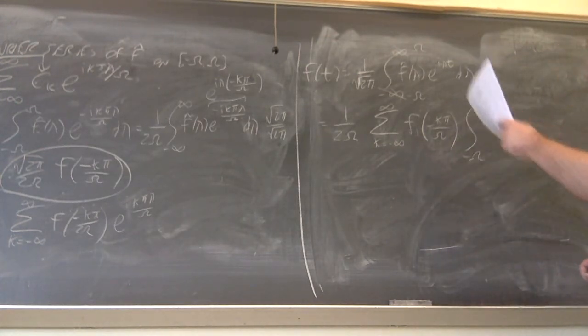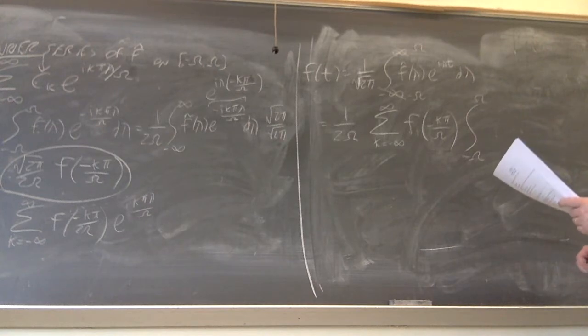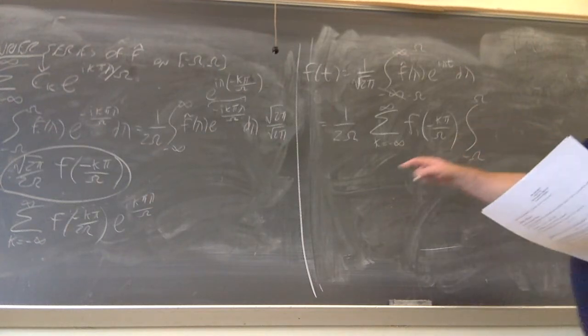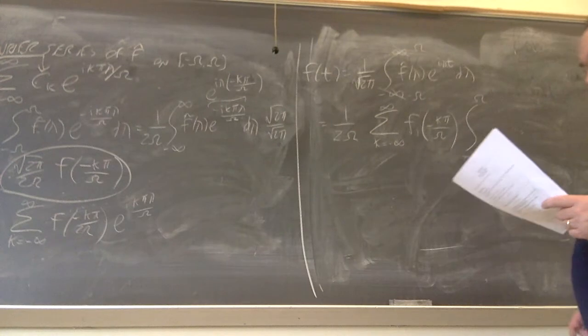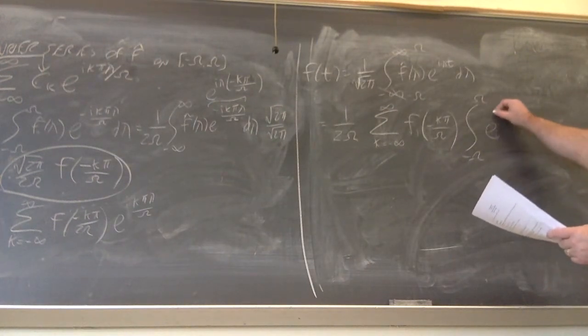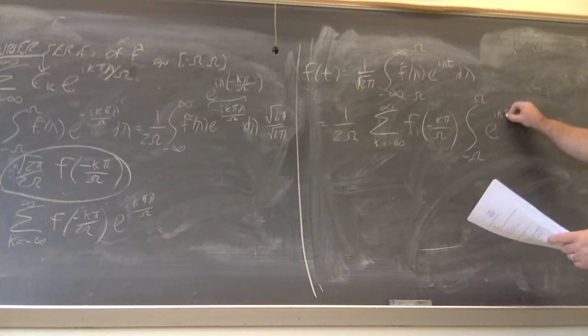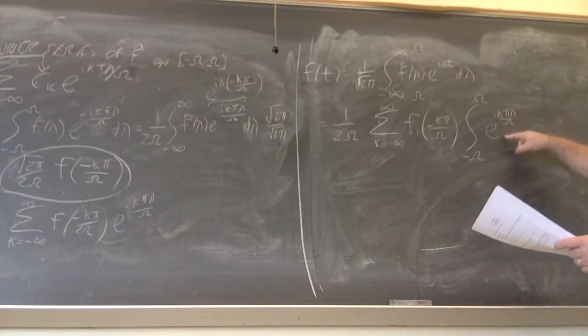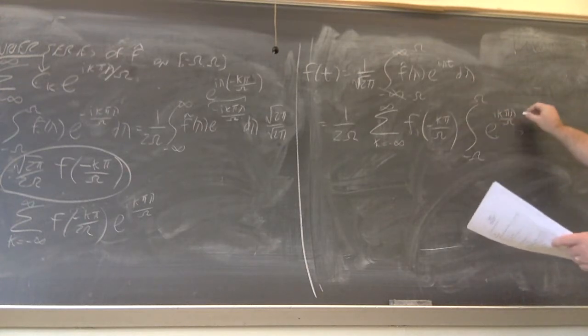And f hat of lambda has already been accounted for, but I still have that exponential, e to the I k pi lambda over omega. And then I also have e to the I lambda t.